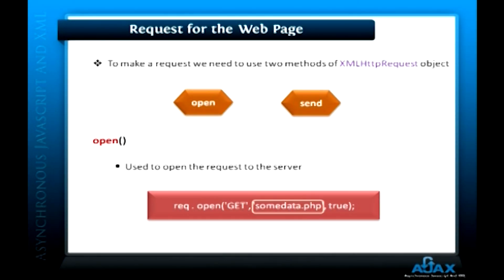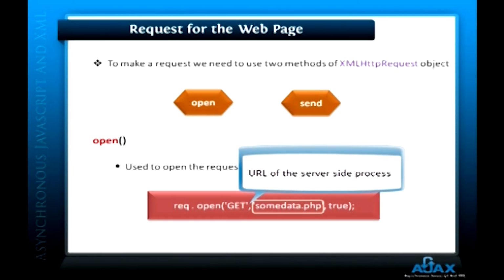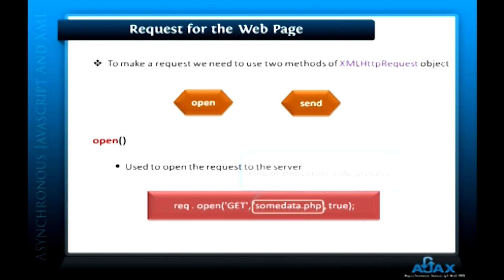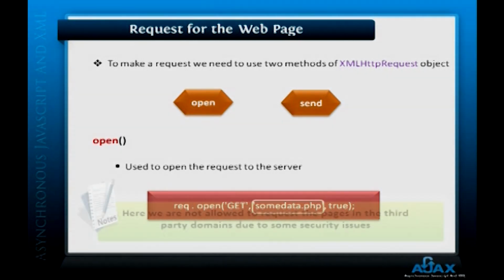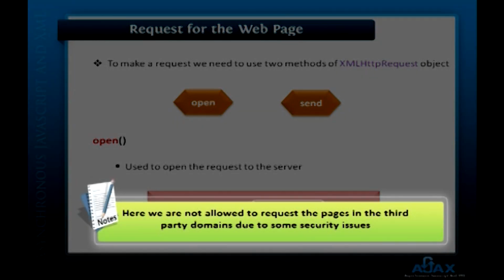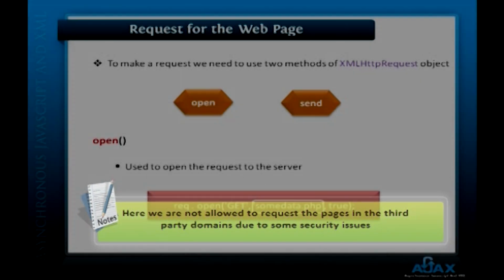Fine. Now this second parameter is the URL of the server-side process. So in this case, we have assumed that the server-side processing is written in PHP, and it will be a file called somedata.php, but this server-side processing can be in any server-side language. Note, here we are not allowed to request pages in third-party domains due to some security issues.